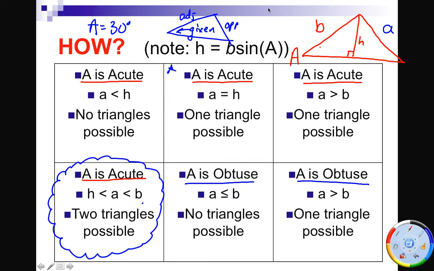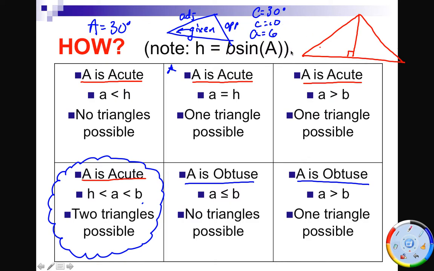So even if they gave you C's and B's, let's say they said C is 30 degrees, little c is 10, and little a is 6. I would draw my triangle like this. I would say, okay, A is 6.